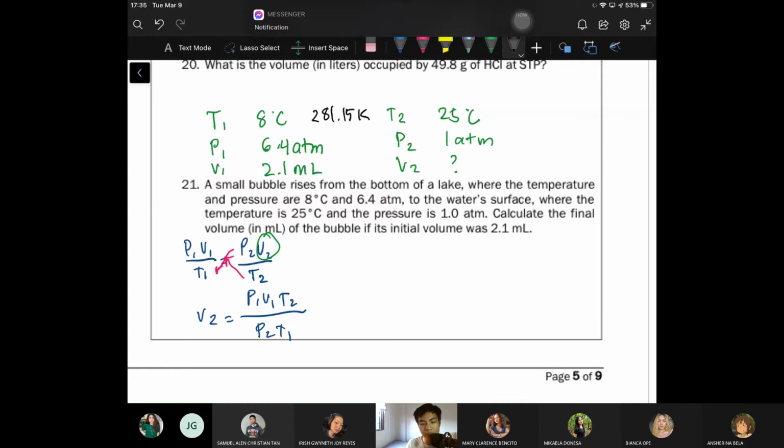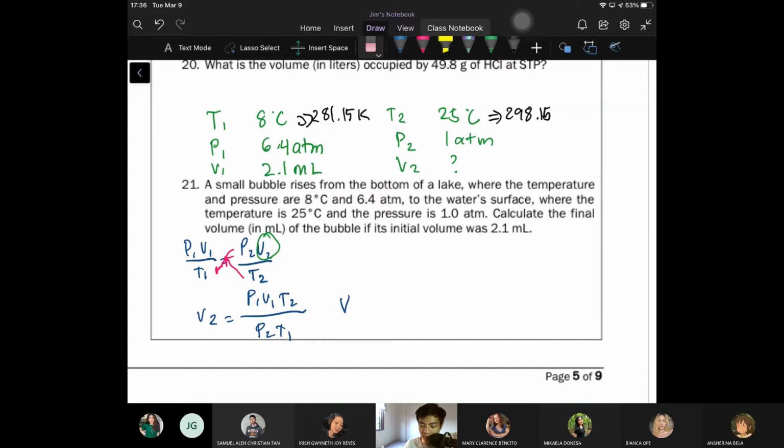And yung 25 degrees Celsius, 273.15, that will be 298.15. Okay? So, yan. Ito yung gagamitin nating temperatures. Again, bawal yung Celsius. Pag ginamit nyo Celsius, mali agad kayo na.